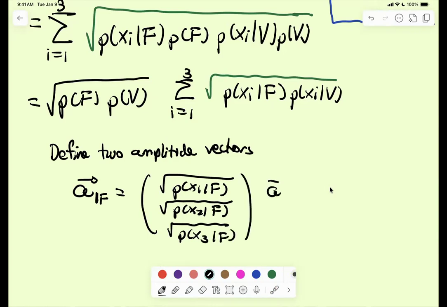And the other is the amplitude vector conditioned on being a vegetable.